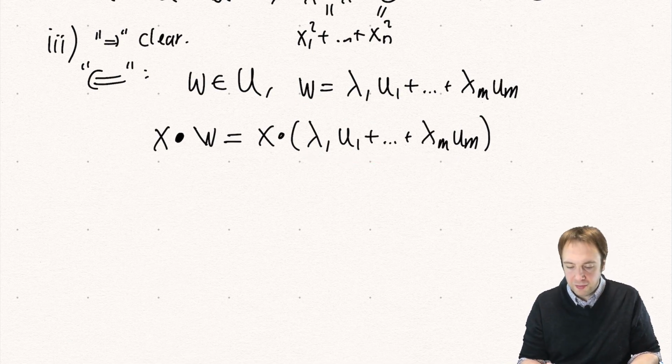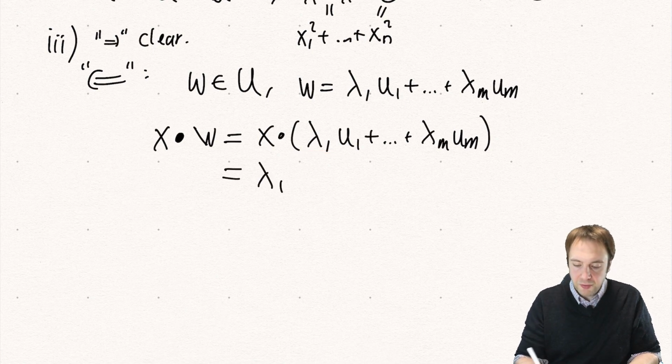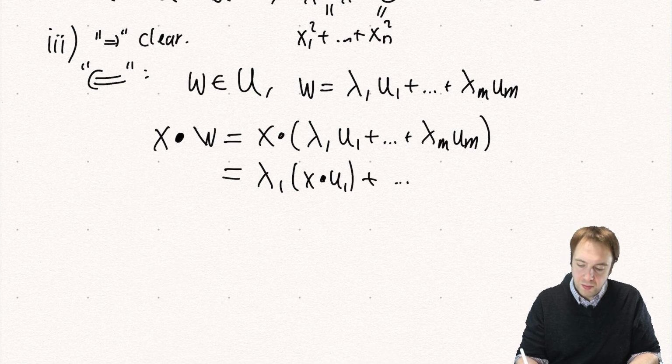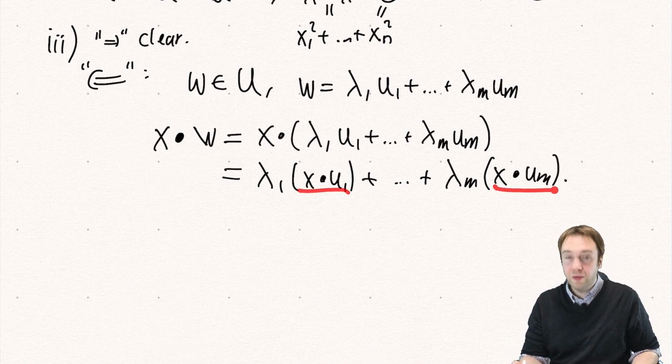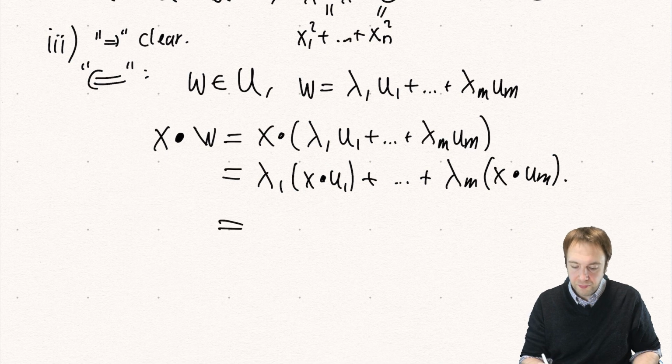But then again, I use the same calculation as before. This is lambda 1 times X dot product with U1, up to lambda m times X dot product with Um. And because we assume that X is orthogonal to the basis elements, each of these terms is 0, and therefore this whole expression is also 0.